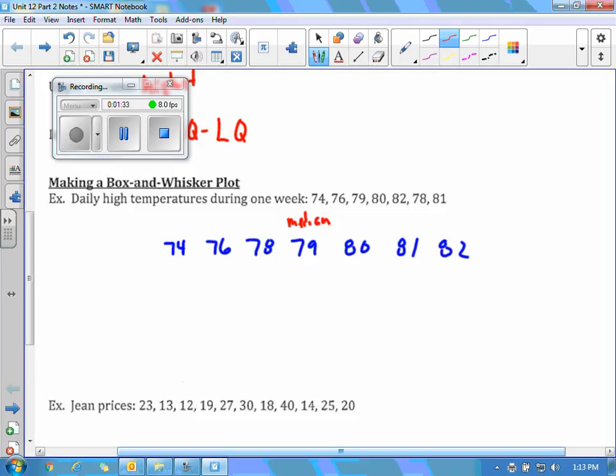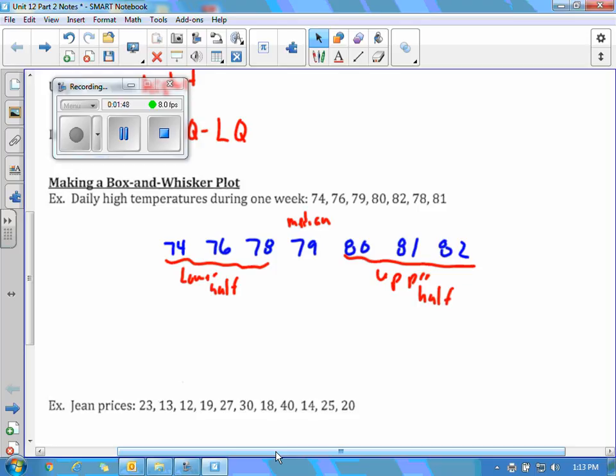Which means that I then split this into the lower half, and this would be the upper half. Now I want to look at the lower half and find the median of the lower half. I only have 3 numbers, so I knock off 74 and 78.